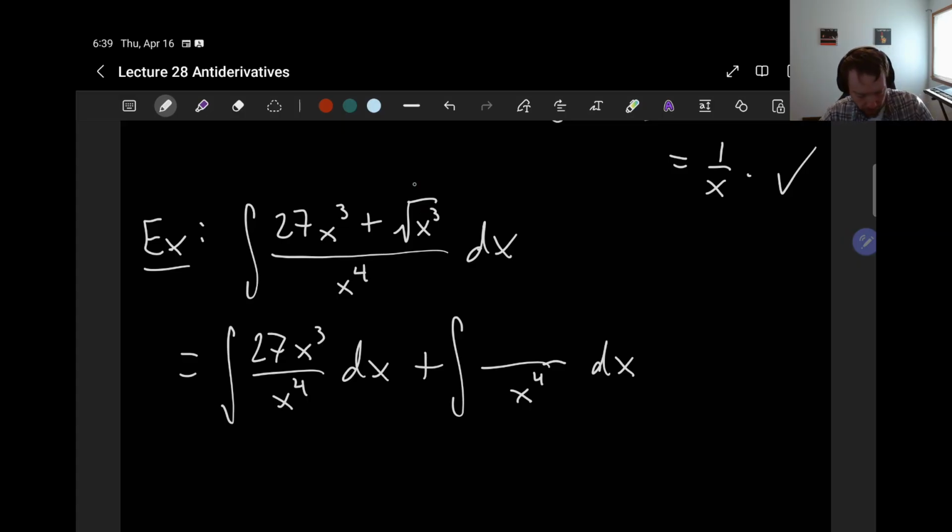And while we're at it, why don't we rewrite this square root of x cubed in terms of something that'll be easier for us to work with? X to the 3 halves. Because we can do power rule on that.